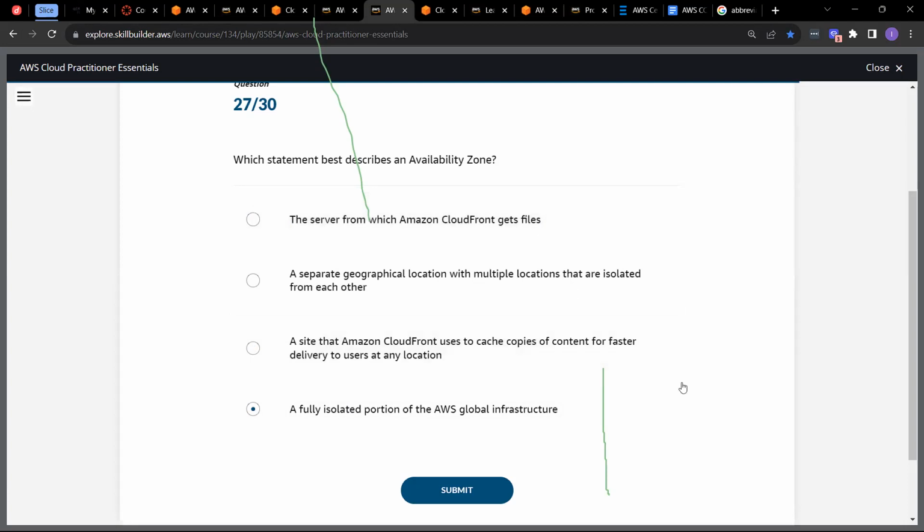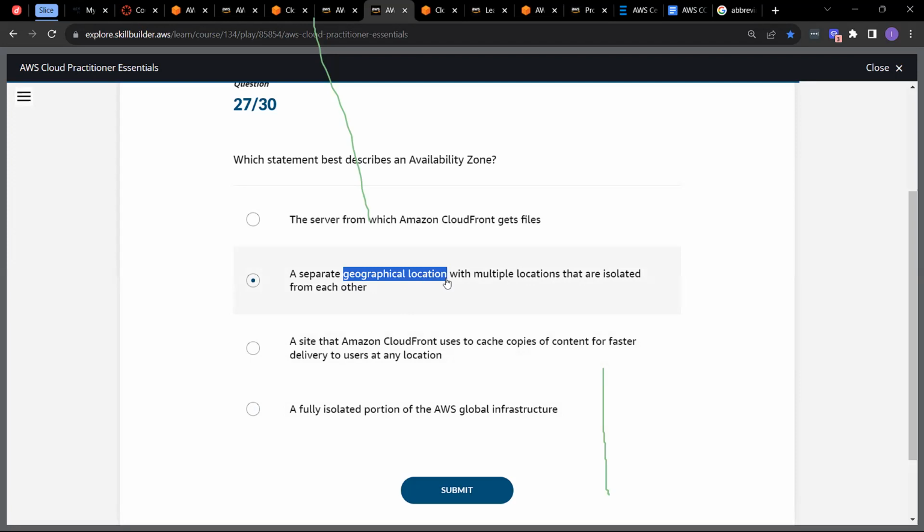But hold on, are you sure this is the answer? So not the second one? If you look at it, we are looking at a separate geographical location with multiple locations. Like Accra and Tema would be separate geographical locations.